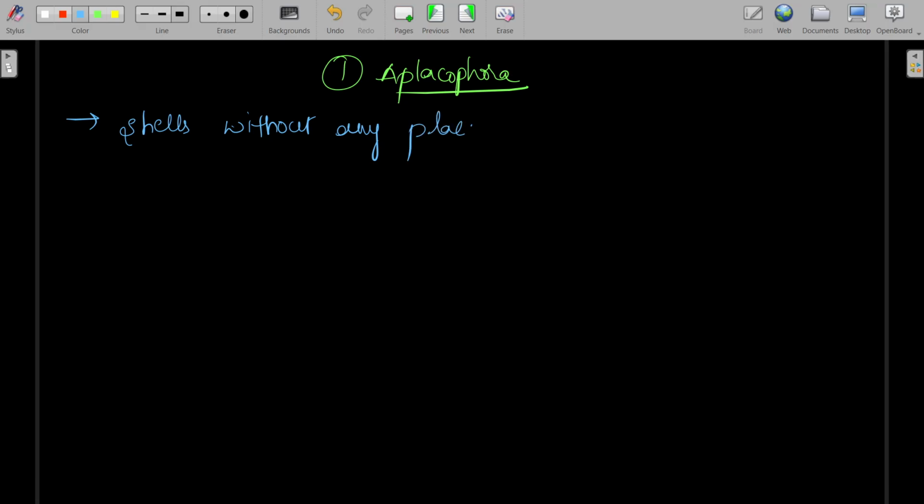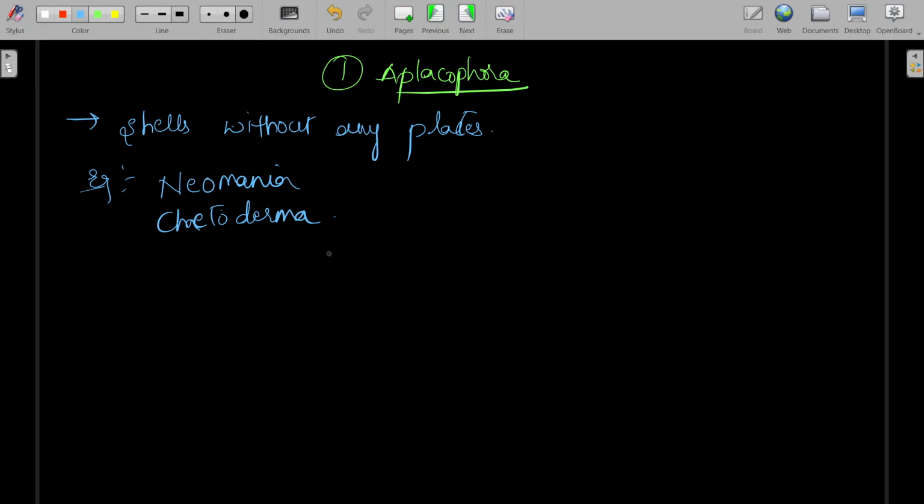Examples of Aplacophora are Neomenia and Chiloderma, and Chaetoderma, sorry. So Aplacophora means the A indicates there are no plates in the shells.